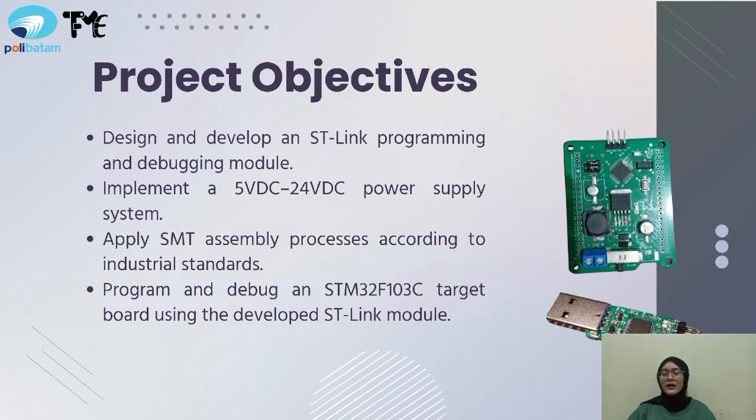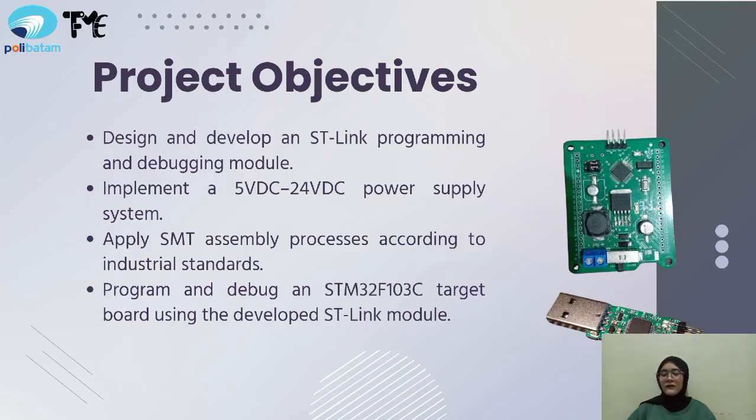This slide shows the objective of our project. First, we design and develop an ST-Link programming and debugging module. Second, we implement a 5 VDC to 20 VDC power supply system to provide flexible power input. Third, we apply the SMT assembly process based on industrial standards to ensure high manufacturing quality.